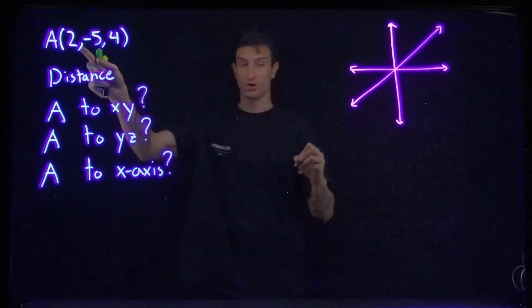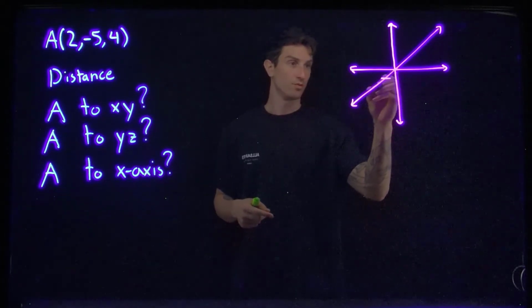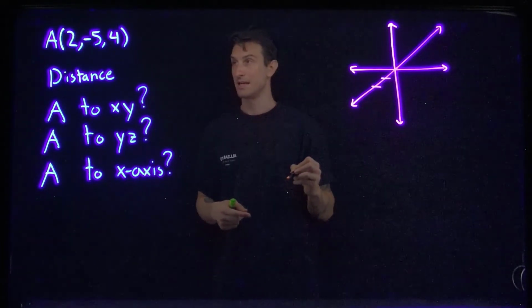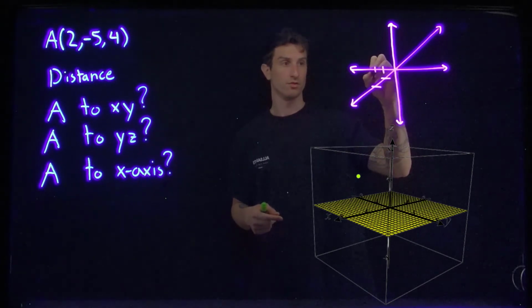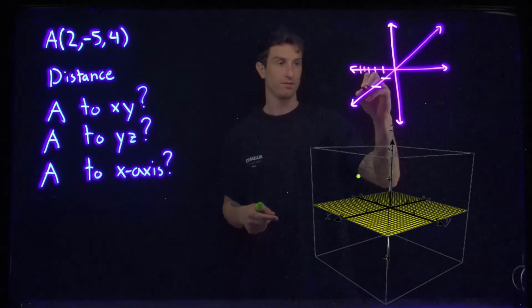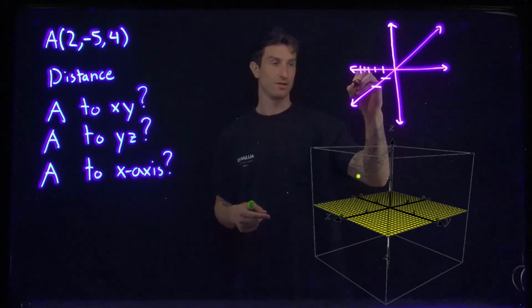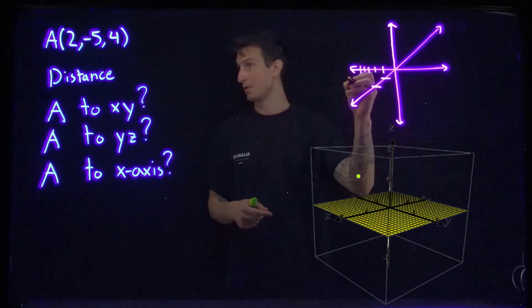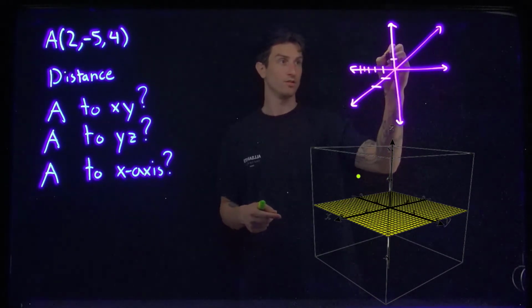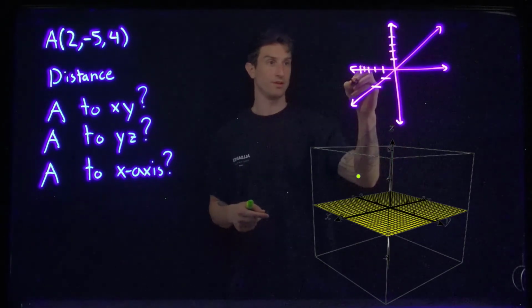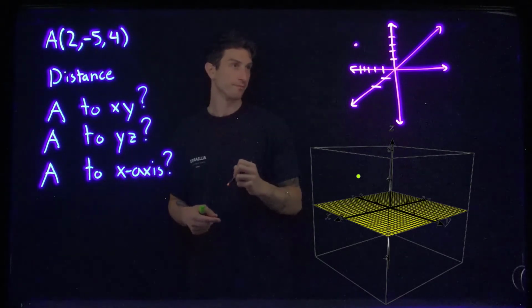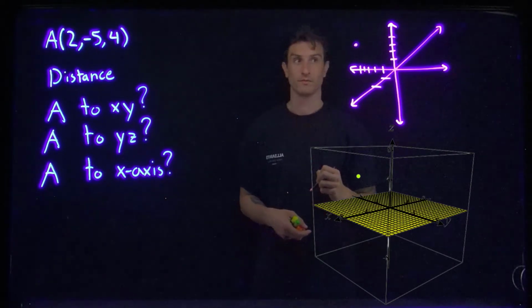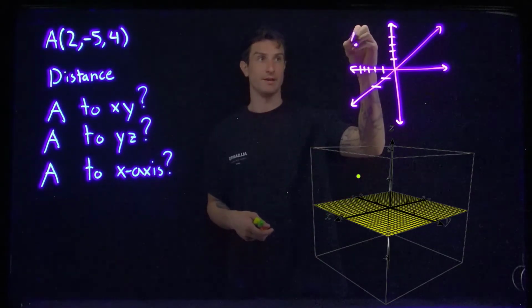We have 2, so positive 2, and 1, 2, -5 in the y, 1, 2, 3, 4, 5. So it's somewhere out here, where these two things overlap, and positive 4, 1, 2, 3, 4. So here, then here, so somewhere here.